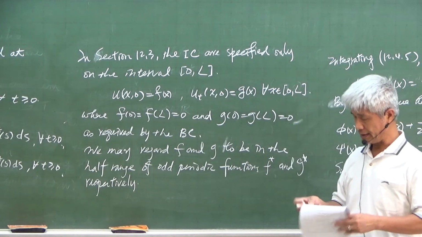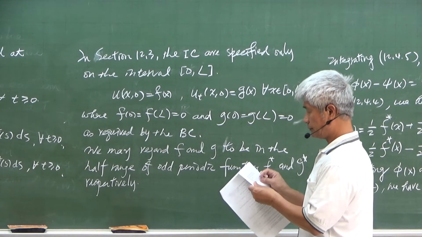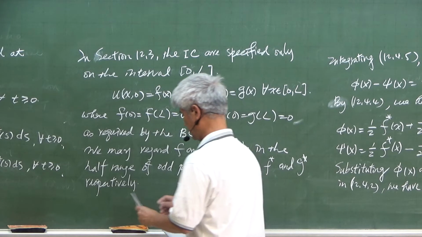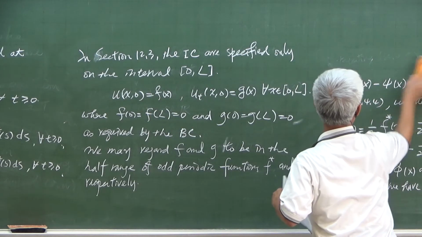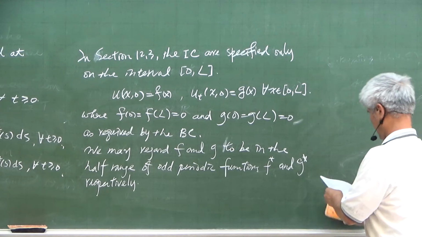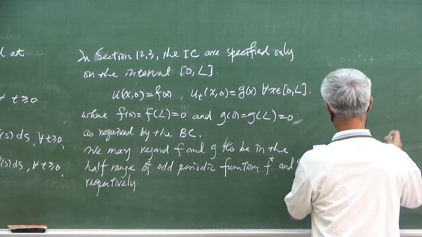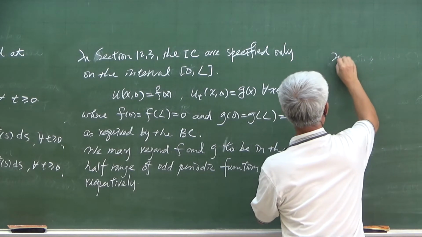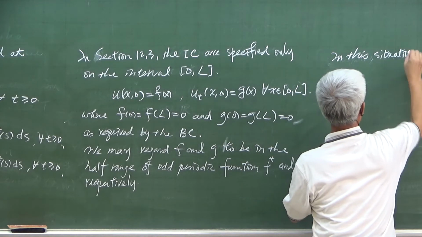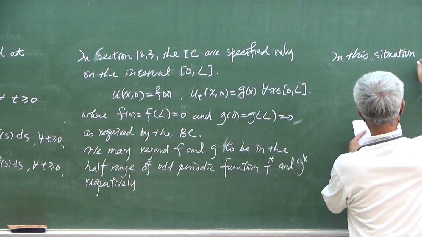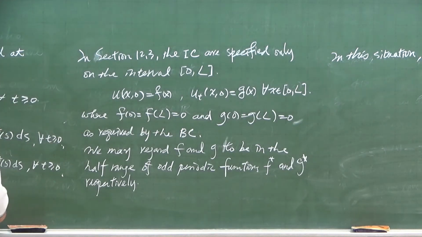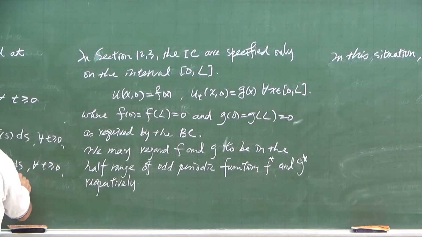No problem with that. So now we have two identities here. This is 12.4.7.